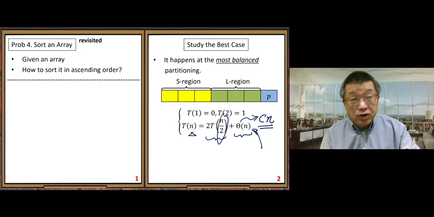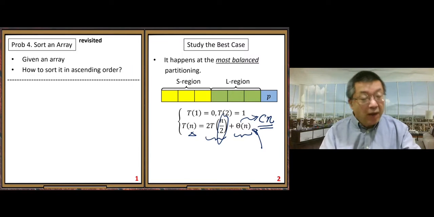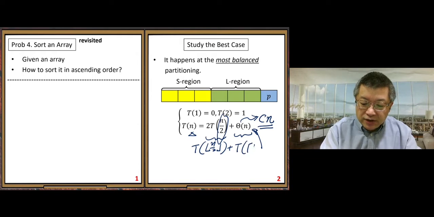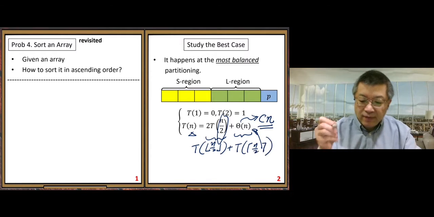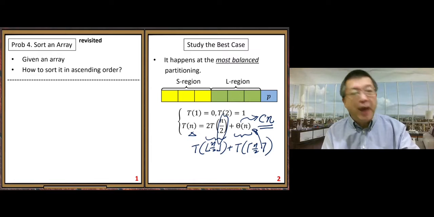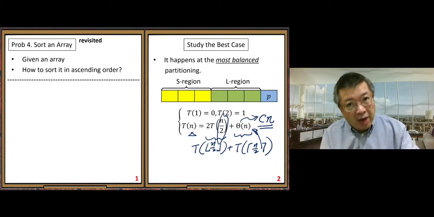So you probably want to replace it by a floor function plus a ceiling function, something like this, in order to make the data size an integer. Then the mathematical calculation could be very, very complicated.